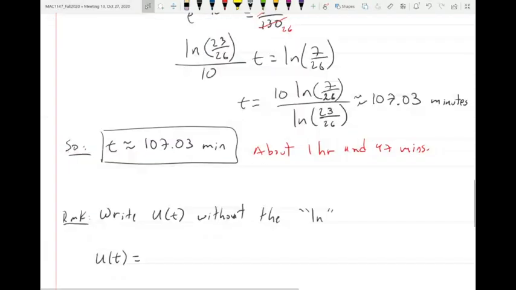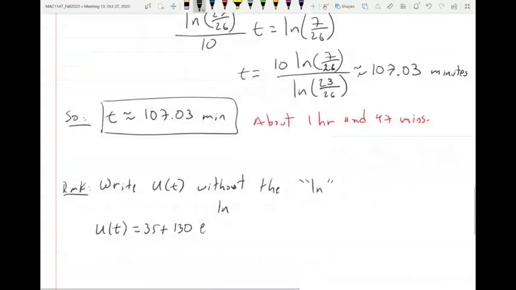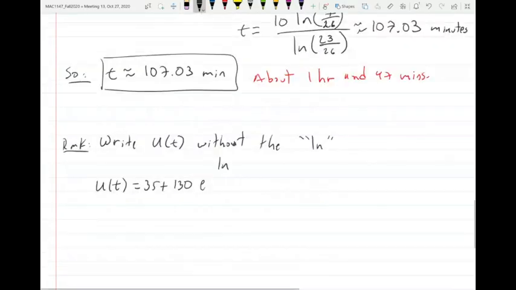So we have 35 plus 130 e to the ln of 23 over 26, all of this over 10 times t. If we want to get rid of the ln, here is what we can do. We need to use, of course, the properties of exponentials together with logarithms.